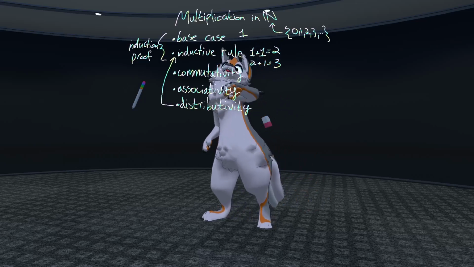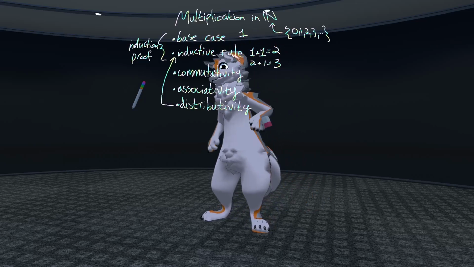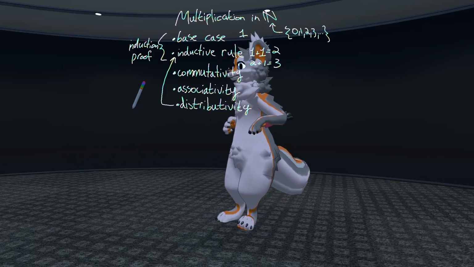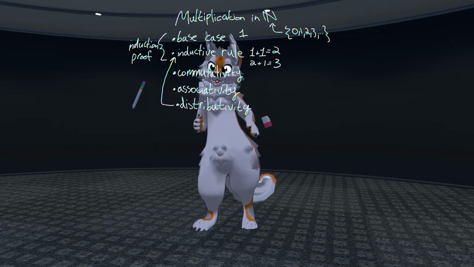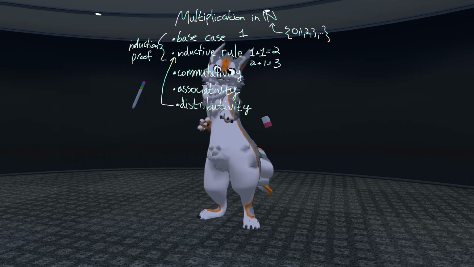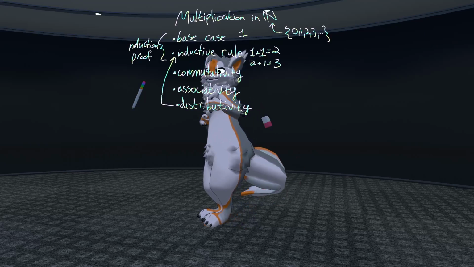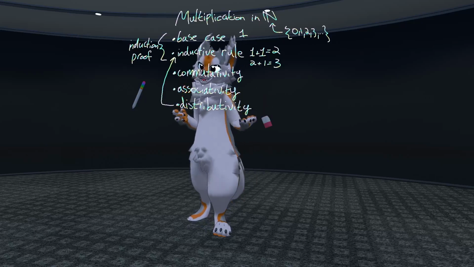But yes, we're interested in the multiplication operation in the natural numbers. Now, I wrote this last, but maybe I shouldn't have written distributivity last, because distributivity is actually the inductive rule that we're going to use.